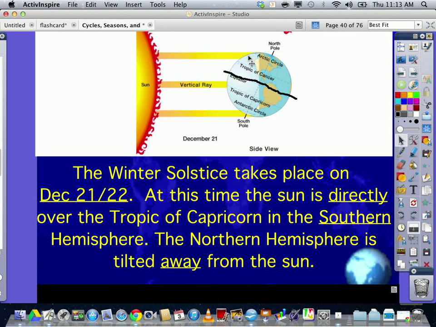So winter solstice takes place around December the 21st or 22nd, depending on the year, because we know our calendar varies a little bit from year to year. At this time, the sun is directly over the Tropic of Capricorn here. So the northern hemisphere is tilted away.